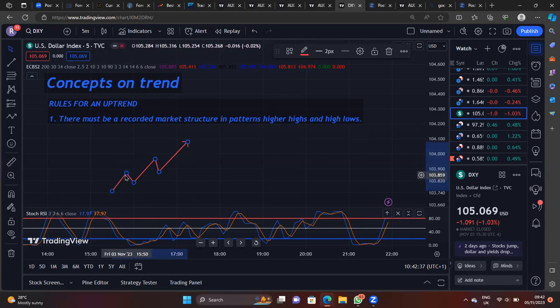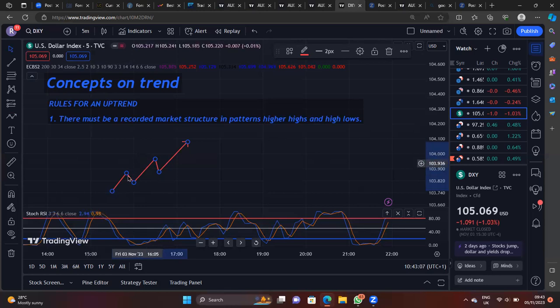The first candle is the high, and the retracement candle is the low. Okay? The rule, listen very attentively now. The rule here is the low of every candle must not be lower than the previous candle. This is the low of the previous candle, or you can say this is the low of the current candle relative to this particular candle.